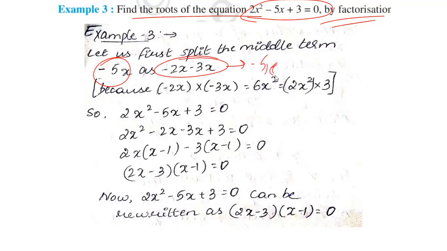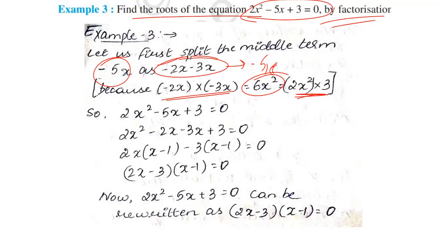And then we know 2x square into 3x is equal to 6x square, and minus 2x into minus 3 is also 6x square. So this is the proper method of splitting the middle term.